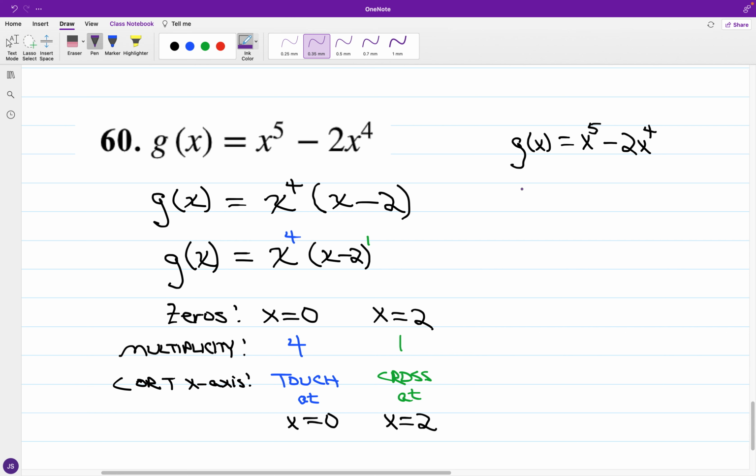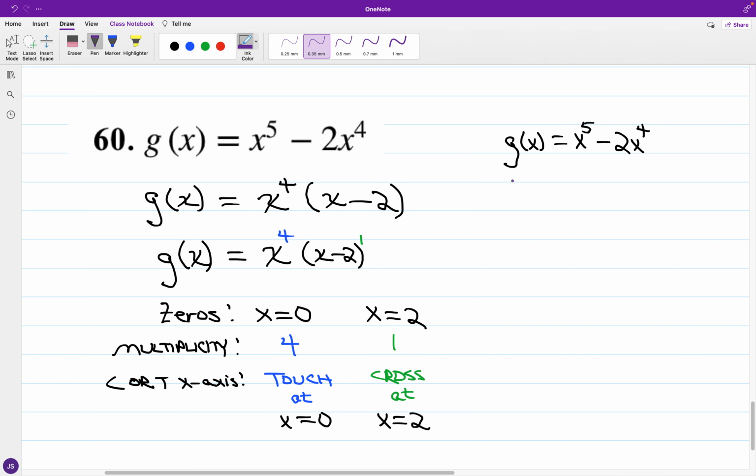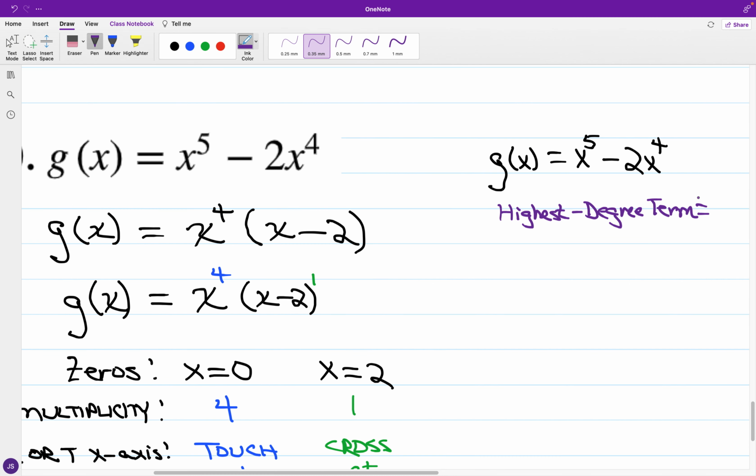Again, just for the highest degree term, this time you'll have x to the fifth, so the first term is the highest order term.